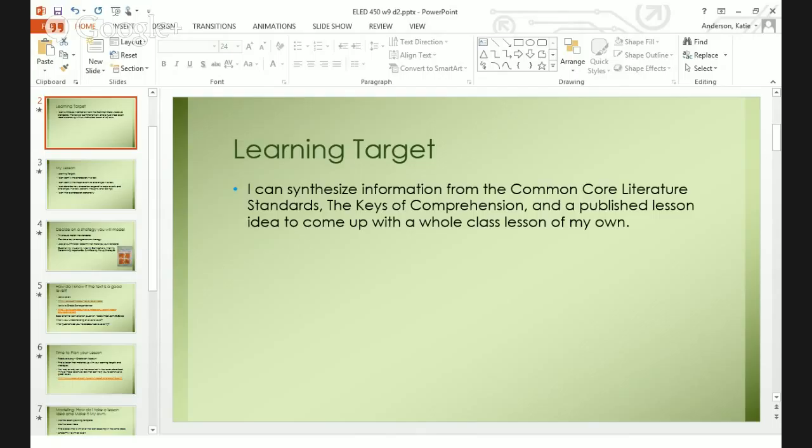It's about Lily's Purple Plastic Purse, which has a Lexile level of 540, which matches the needs of a second grade student, especially for a read aloud. It may be a little bit advanced for an independent read for a second grade student. But I need to find a text that I have access to that would be of a similar reading level so that I could accomplish the same thing.